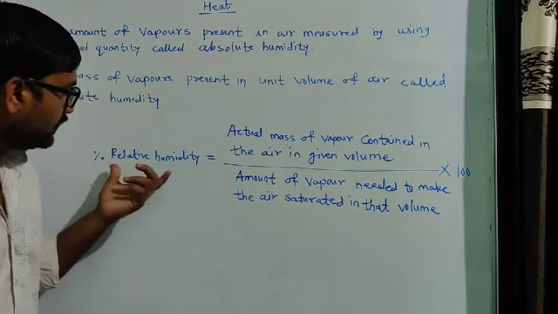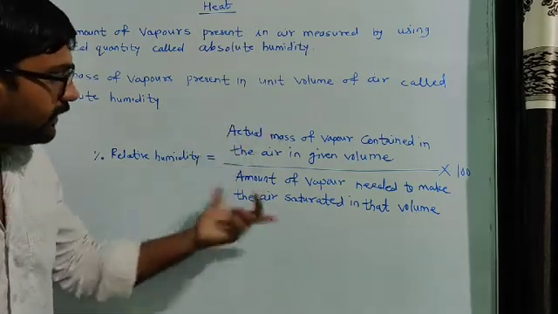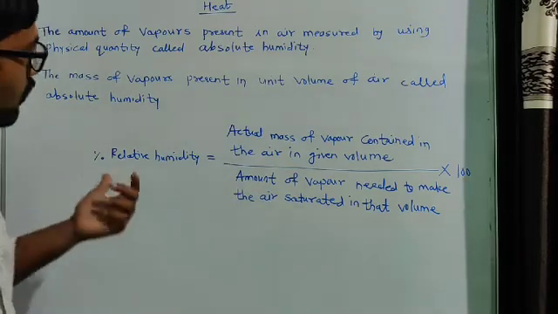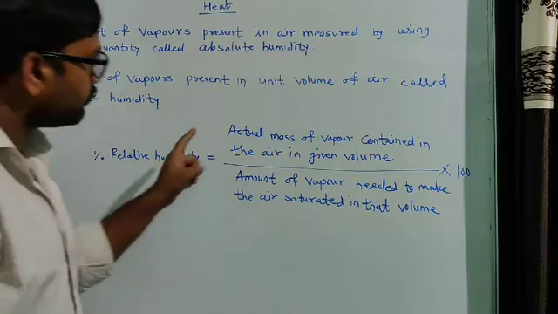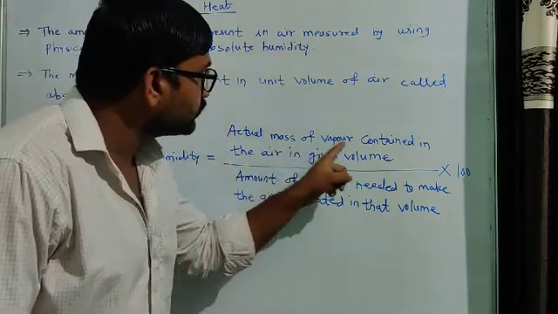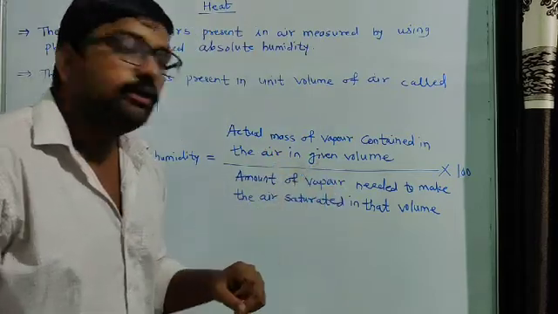Okay, so how is percent relative humidity calculated, that we have to see. The formula of percent relative humidity is given here. What? The actual mass of water vapor contained in the air in a given volume.